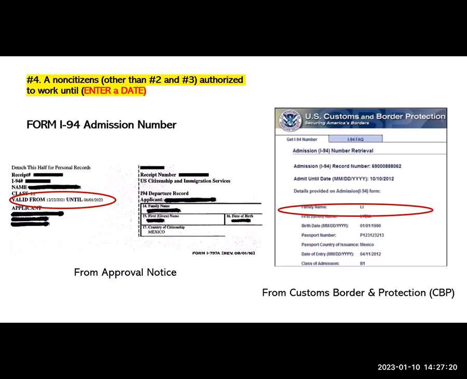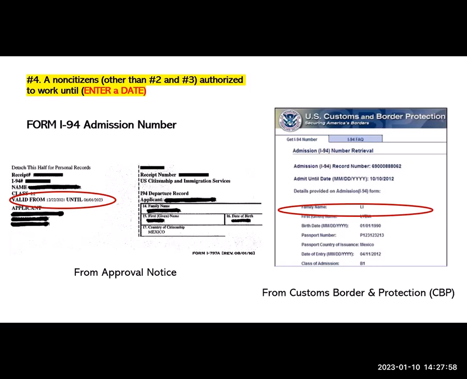That one is issued by CBP, and that one takes over the one that USCIS gives. So meaning, if for some reason CBP decides to give the person less time than they were entitled to under USCIS, the USCIS I-94 is no longer the driving document, it's CBP. So it's very important. It's the I-94 from CBP.